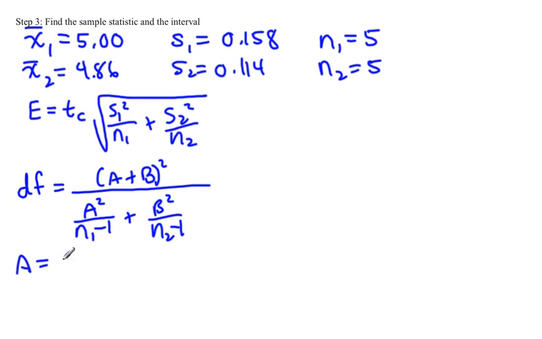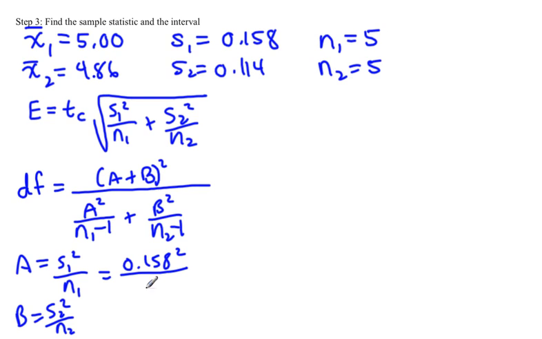A turns out to be S1 squared over n1, and B is S2 squared over n2. So we already know S1 squared, it's 0.158 squared, over n1 is 5, and S2 squared is 0.114 squared, also over 5.